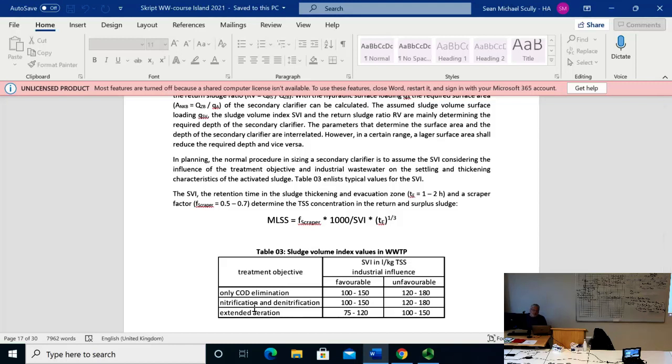When we plan a plant, we have to keep in mind that the plant is good for the next 25 years. So we have to be careful and install certain reserves. It can't be that if one more small factory, one more bakery and a restaurant come, I have to expand the treatment plant. The plant has to have some reserves, and due to that, we normally are in between here.